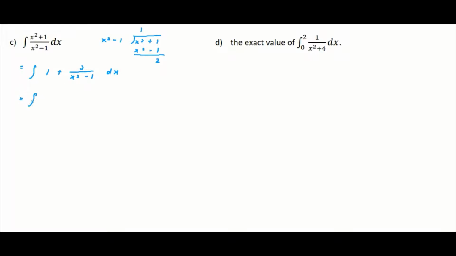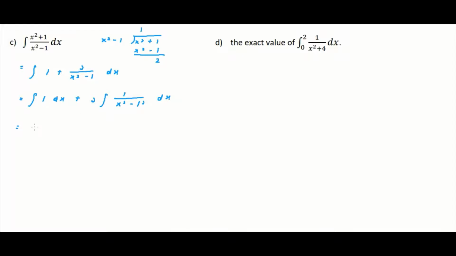So the integral of 1 dx plus 2 times 1 over x squared minus 1. Now you can use the formula for this part. But as I said, if you didn't realize that this is the standard form for this formula, if you go on and do long division and then partial fractions, you will get exactly the same answer. So don't worry about that.